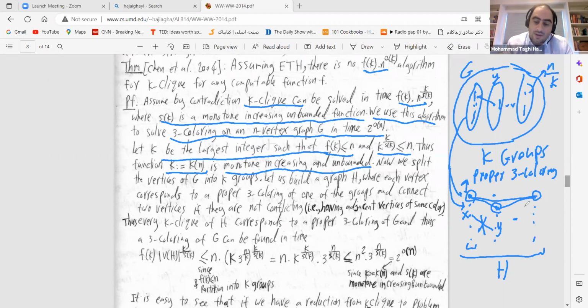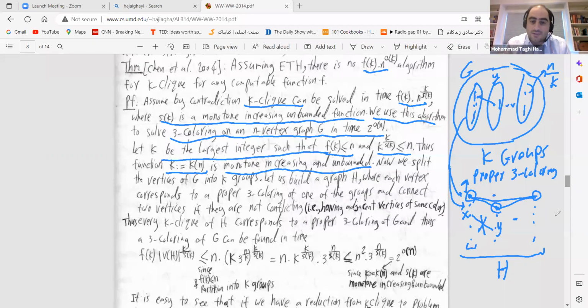The interesting thing is that on this graph H, we use the algorithm that we had that could find the clique in f of k times n to the k over s of k. We use that algorithm to find a clique here. So we see whether there is a clique of size k or not.